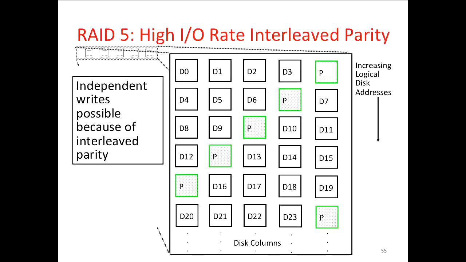And so now you've balanced the load of doing the reads and the writes across all the disks, and so you get higher throughput this way, right? So you just, based on which block you're accessing, you go to a different disk to find the parity block. Okay, so instead of having one disk be the bottleneck, because every read and every write has to go there, you stripe the parity blocks across all the disks. And this is RAID 5, and this is a standard thing everybody uses. And the nice thing about this is, one disk fails, you pull it out, you can reconstruct it.